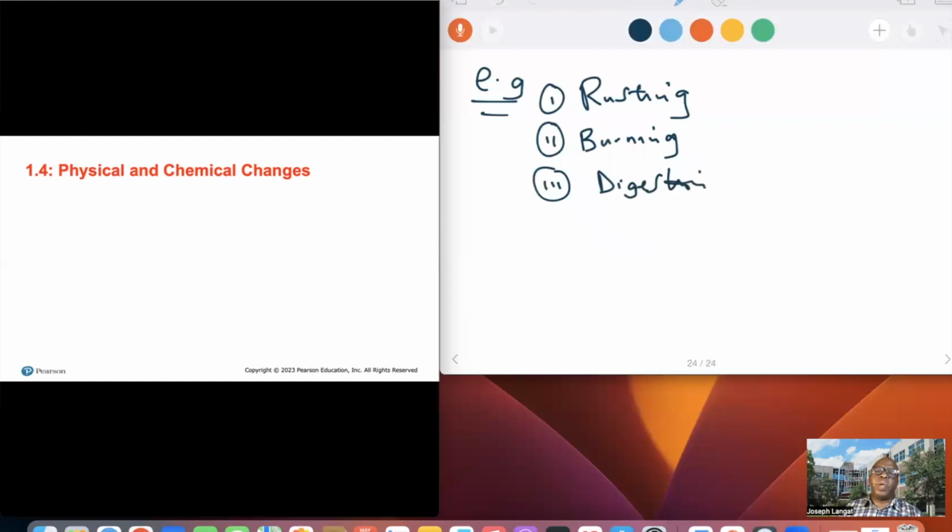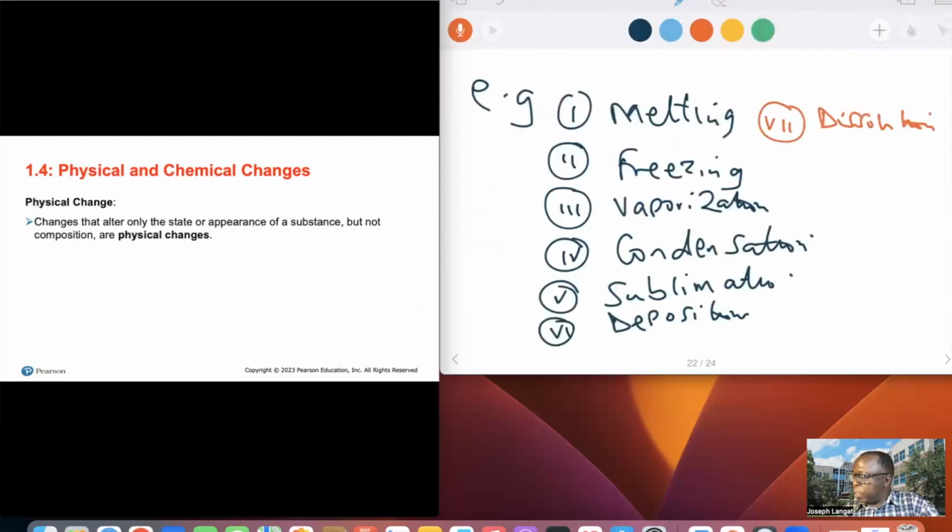Let's give you a few examples on chemical change. Now, a change that alters only the state or appearance, but not the composition, is a physical change. Note what I said about reversible, irreversible. I've given you a few there.